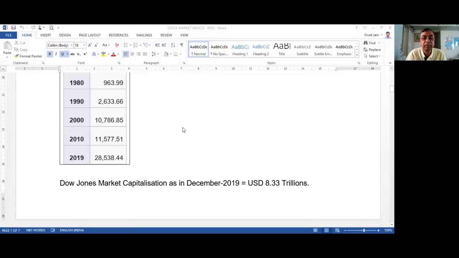Till in 2019, the level was 28,538, and the market capitalization, that means the capitalization of all the shares of the Dow Jones, worked out to $8.33 trillion. In November 2020, as we speak today, the Dow Jones index climbed up to 29,700, and it is nearly at the same level presently.